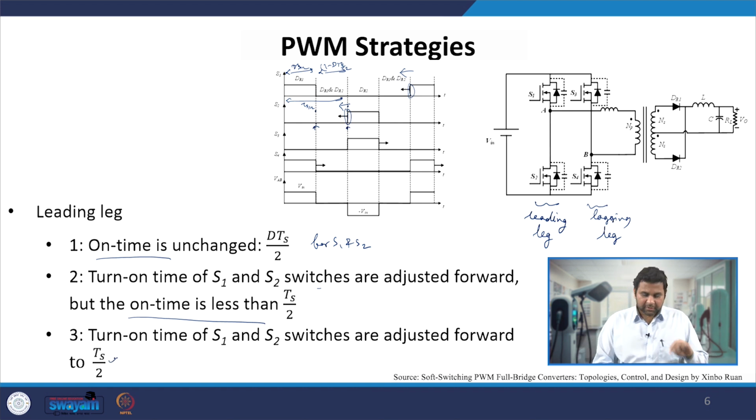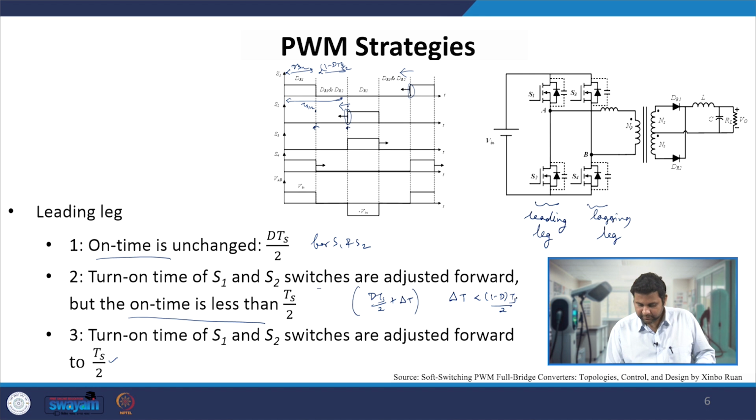So there are three possibilities. One, you are not changing the turn on time. In the second, you are changing the turn on time by adjusting in the forward direction, but the on time is still less than Ts by 2 period. So here you are doing DTs by 2 plus delta T. However, delta T is less than (1 minus D)Ts by 2.